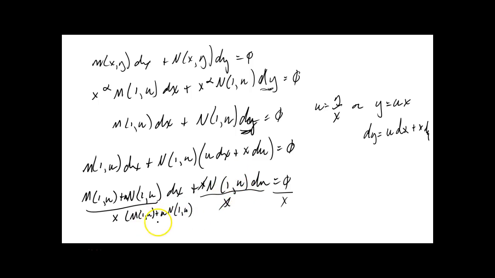Same thing here. Let me just draw that there so I don't have to write it again. Okay, and now you've got a subtraction in there too, but we'll leave them like this for now.